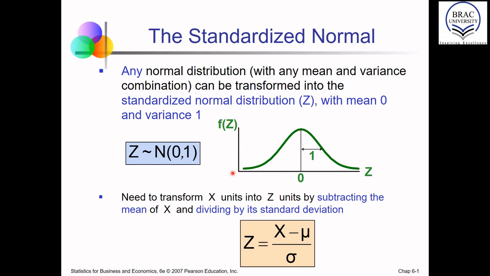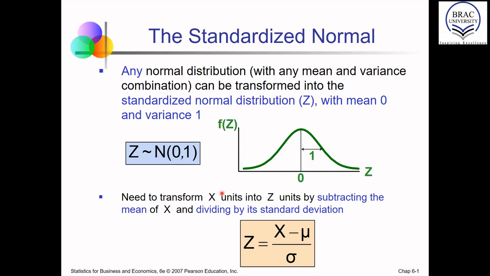The mean, as I already told you, is 0. That means the median and mode are also 0. And the spread, that means the distance from the center to one point of your probability density function, is equal to 1.